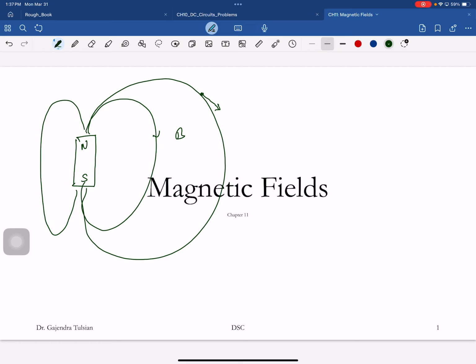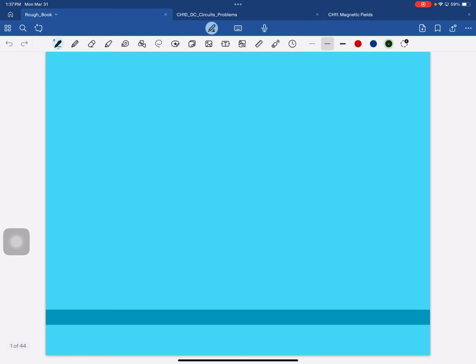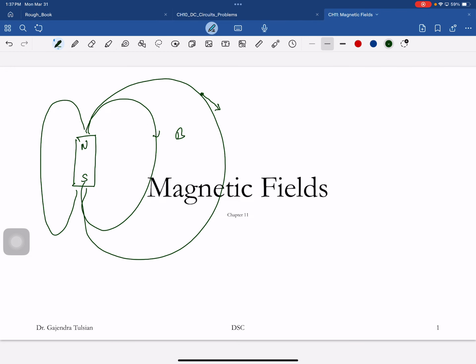Now let me remind you. In one of the previous chapters, you learned that we had electric fields, and to detect an electric field, what did you need? Another electric field?